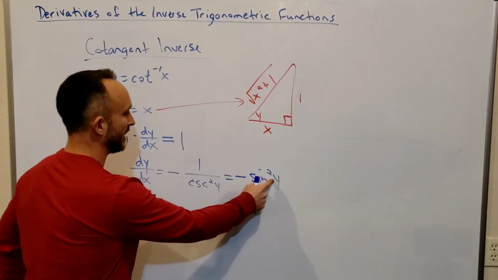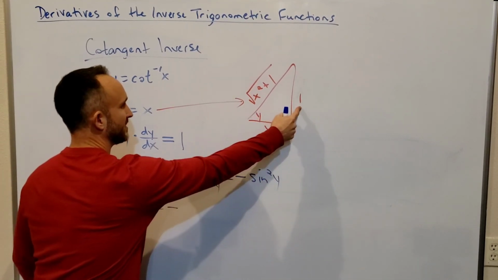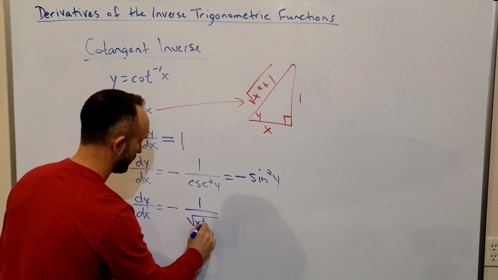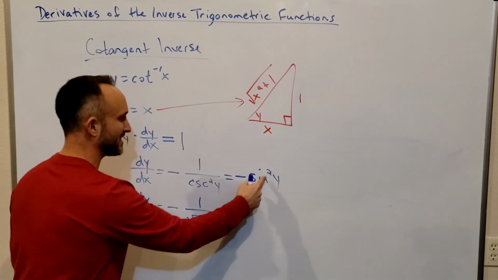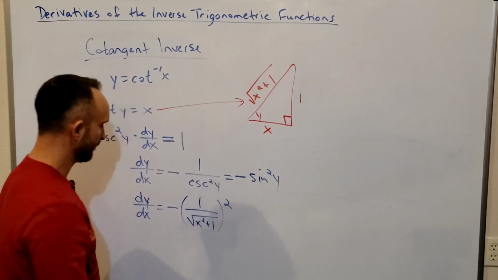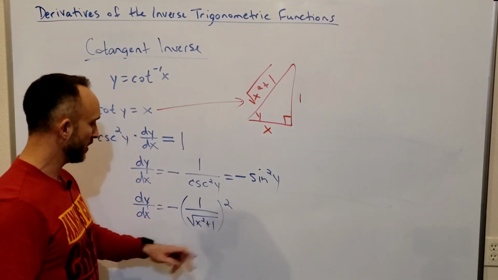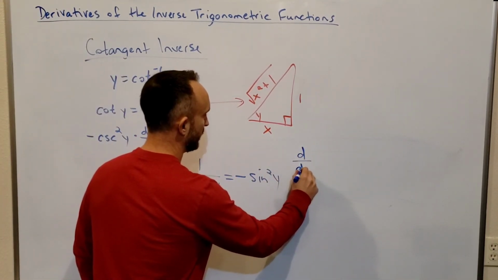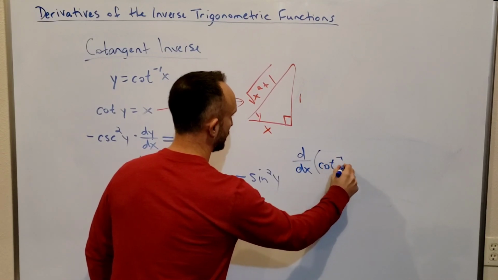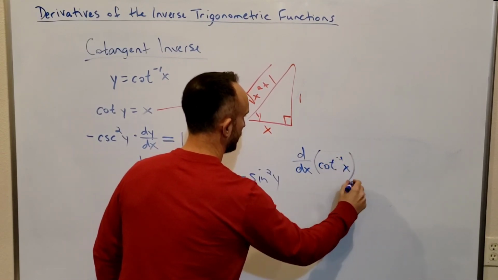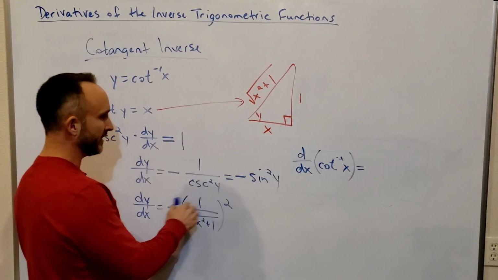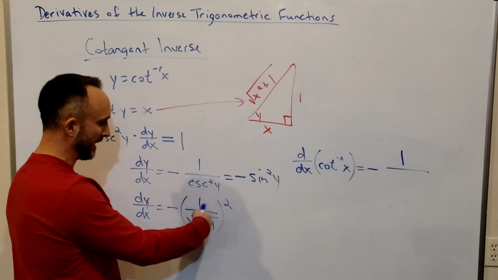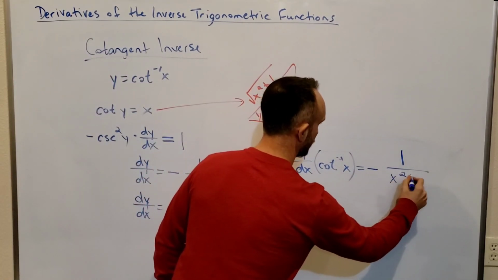The sine of y would be opposite over hypotenuse, but it's sine squared, so we have to square this whole thing. And once again, you can see if you square this, the square root goes away. And lo and behold, the derivative of the cotangent inverse function is negative 1 over x squared plus 1 after you square the fraction.